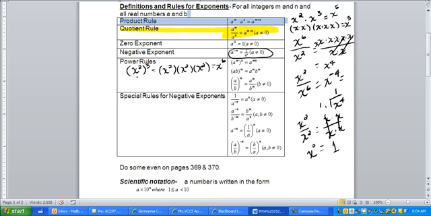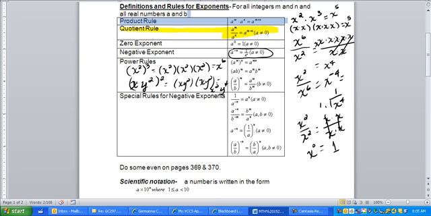So the shortcut there is to multiply our exponents. And if we have x times y squared, and we raise that to the second power, we're going to have xy squared times xy squared. And so we're going to get x squared y to the 4th. 2 plus 2 would give us 4 there. So we raise each one of these to the second power.